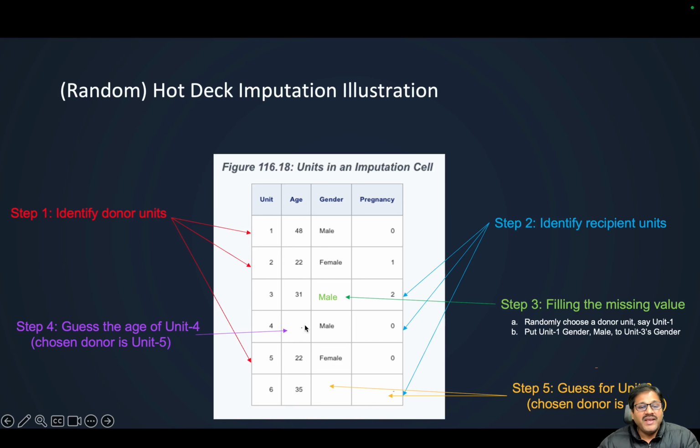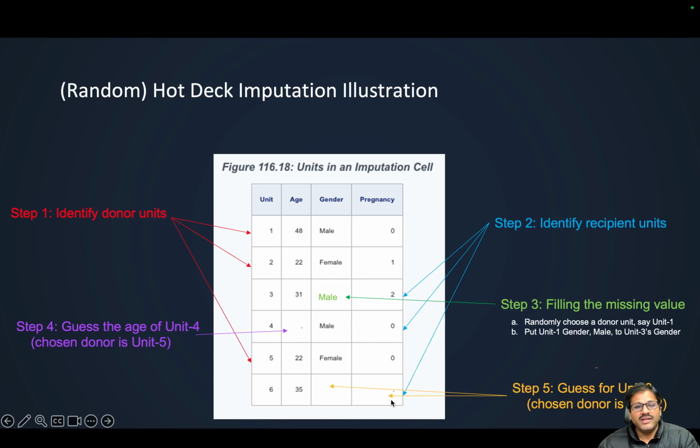Similarly, please guess the values for unit 6 if the chosen donor is unit 2. Please pause this video so you can answer it. Now, if you have guessed the gender is female and pregnancy is 1, then your answer is correct.